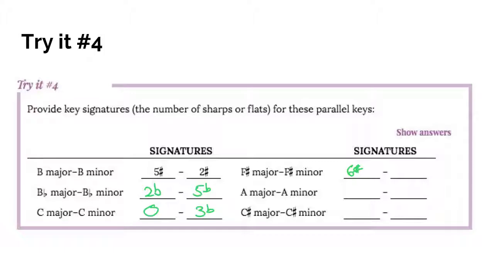And then we have F sharp minor, which is 3 sharps, whose relative major key is A. And look what comes up next, A major. So there's 3 sharps there, hooray. And then A minor, which has no sharps or flats, because its relative major is C. And then we have C sharp major, a glorious key of 7 sharps. And then C sharp minor, and its relative major key is E, so that means we have 4 sharps.